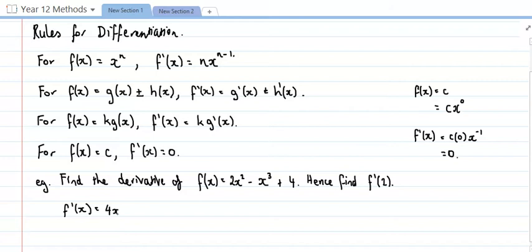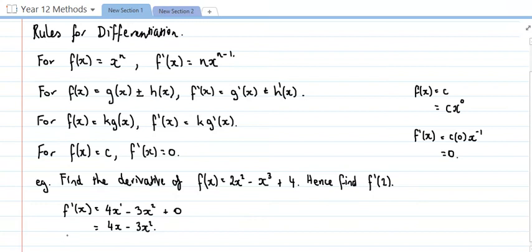Okay, it's x to the power of 1. I don't need to write it, but I will in this first instance. Minus the 3 moves down the front and the power gets decreased by 1, so it becomes power of 2, and the term that has the 4 just disappears because it has become 0. I'll actually write that though, so plus 0. So now to simplify this, it's just 4x minus 3x squared.